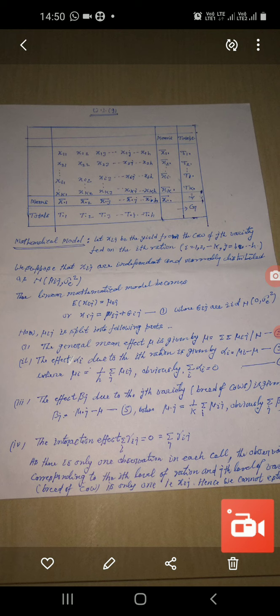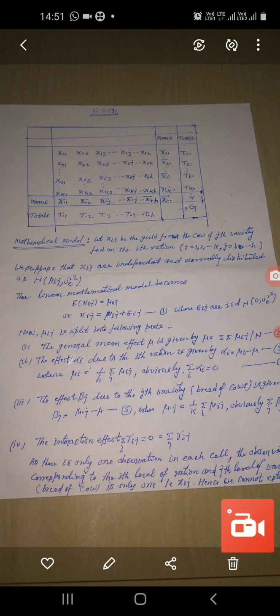Now we have the mathematical model. Let xij be the yield from the cows of the jth variety which are fed on the ith ration, where i is equal to 1 to k and j is equal to 1 to h.